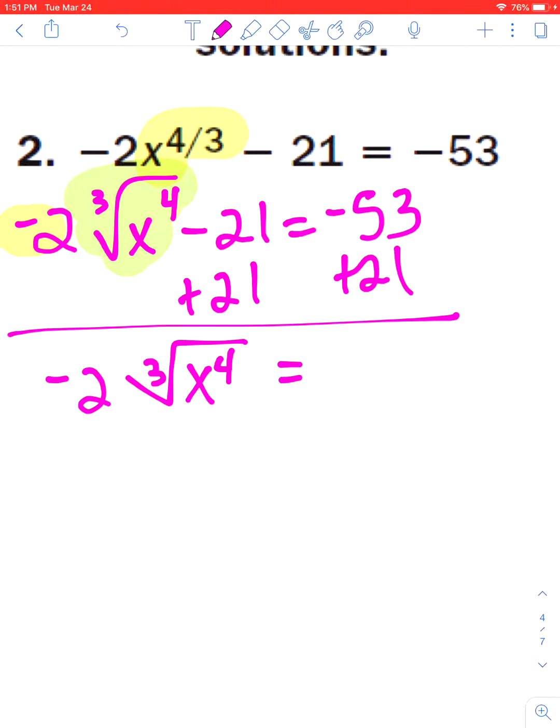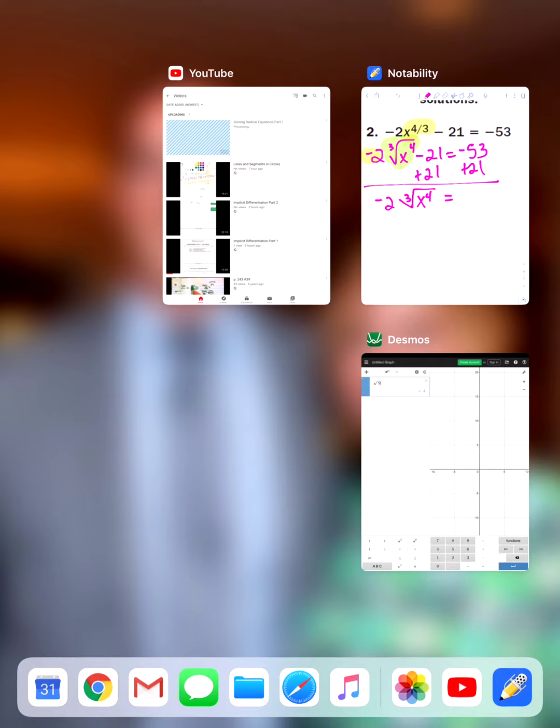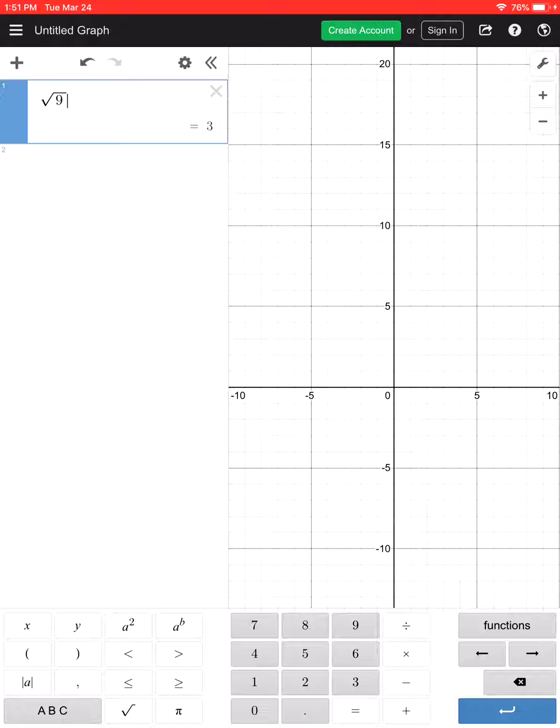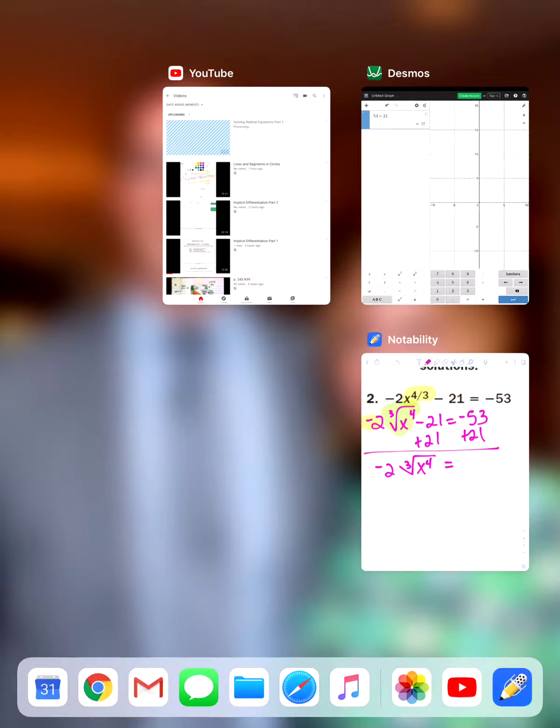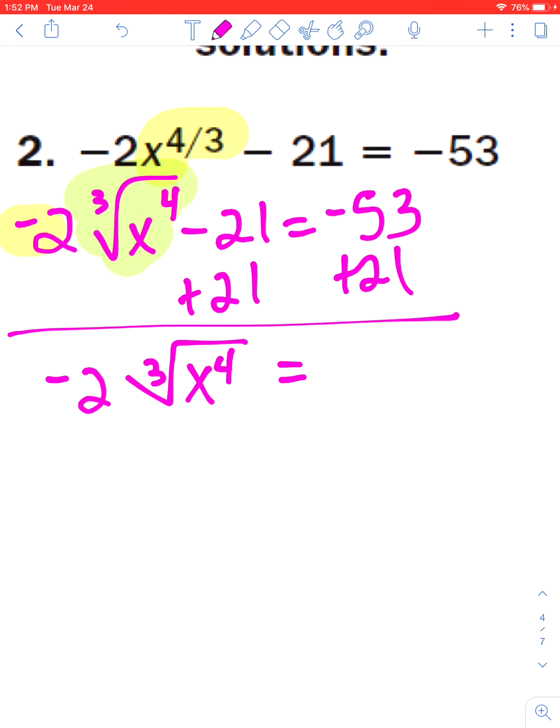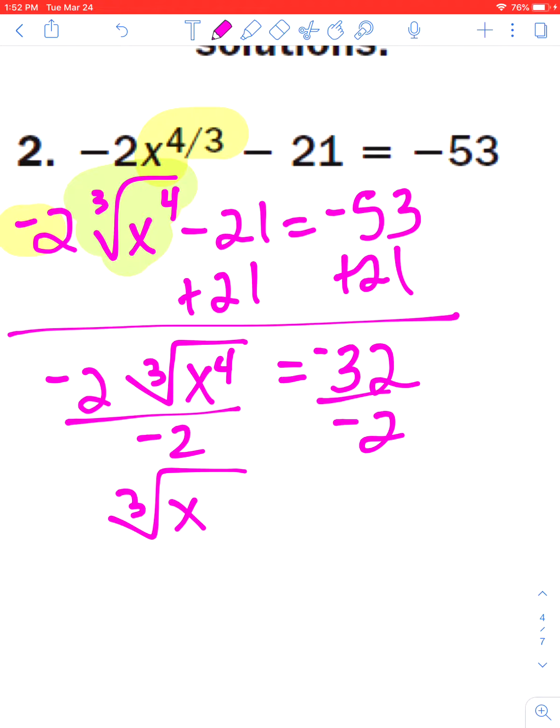And 53 minus 21 gives me 32. That'd be a -32. I had my signs wrong in the calculator. All right, next we're going to divide both sides by -2. And now the cube root of x to the 4th equals 16.